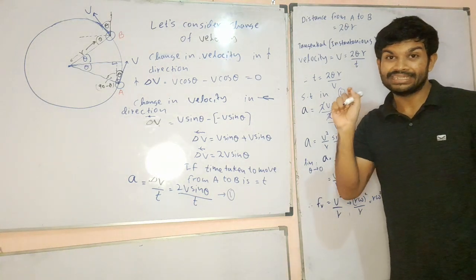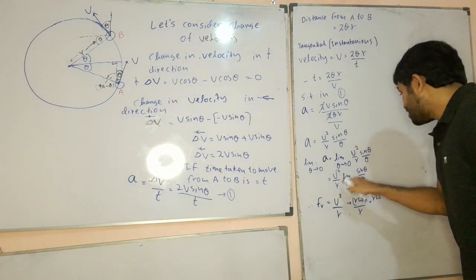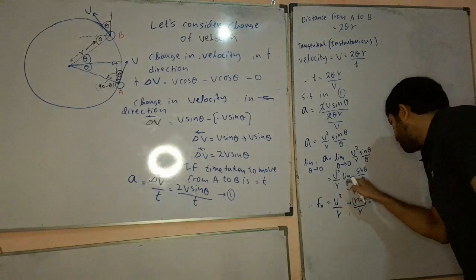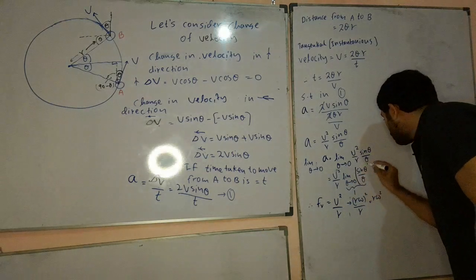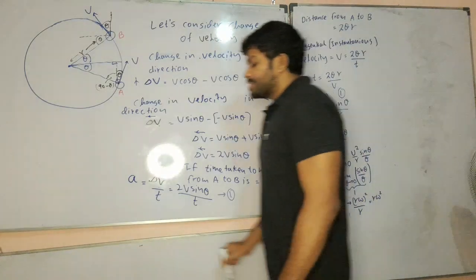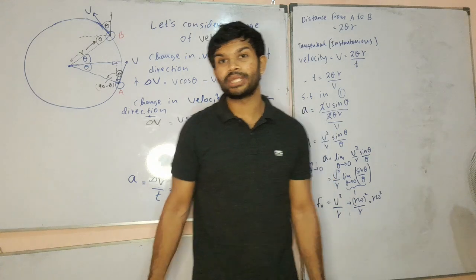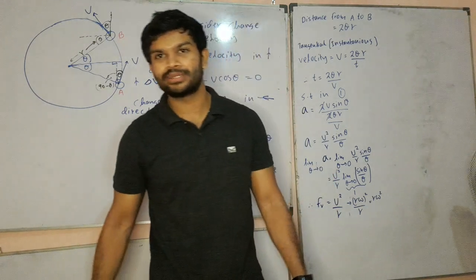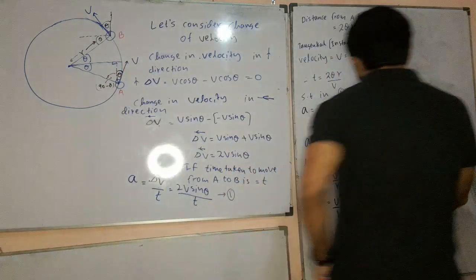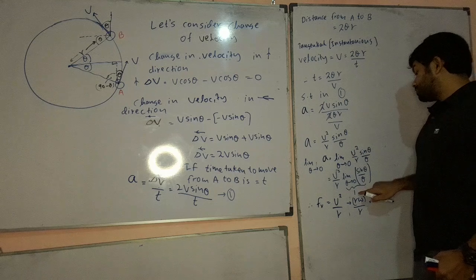Something interesting is on the way. Look at this. Then v squared over r, with the limit as theta goes to 0 of sine theta over theta. This is the most interesting part. People who have learned mathematics, algebra or trigonometry know that when the limit goes to 0, the sine theta over theta part becomes 1.